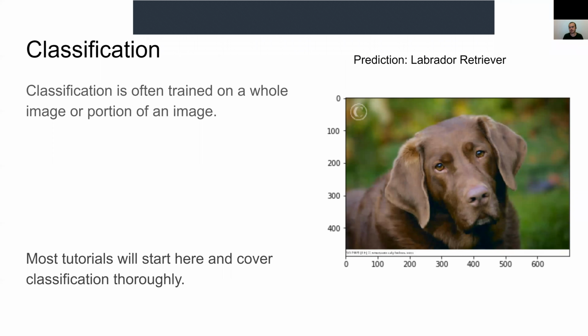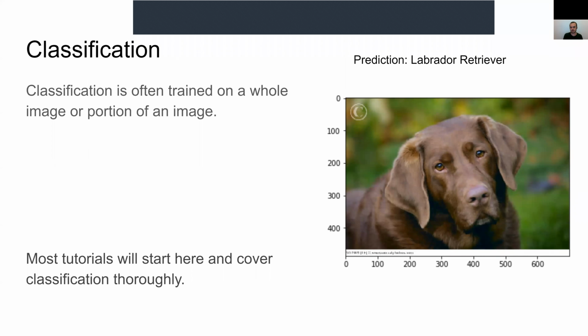So classification, this is probably where either you started before, or if this is your first time doing computer vision and you go into some other computer vision course, this is probably where they're going to start you out. You feed a whole bunch of images, like I was saying, cat or dog, into a neural network, and then train it to classify: is this a dog? Is this a cat?